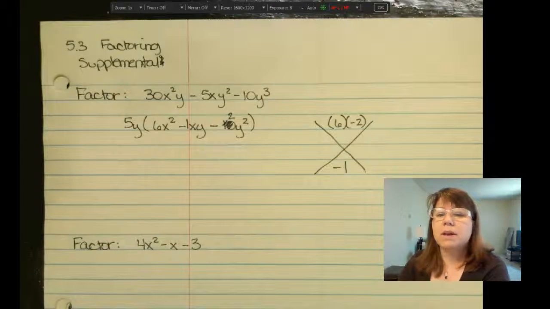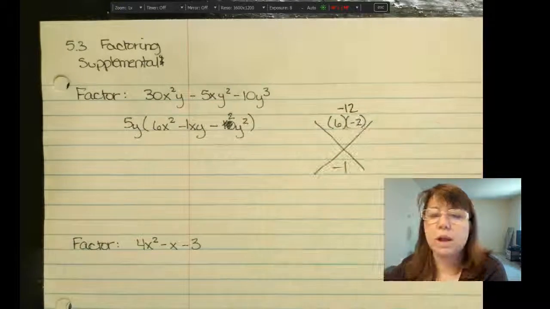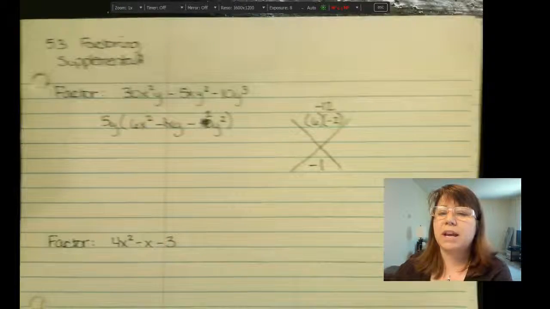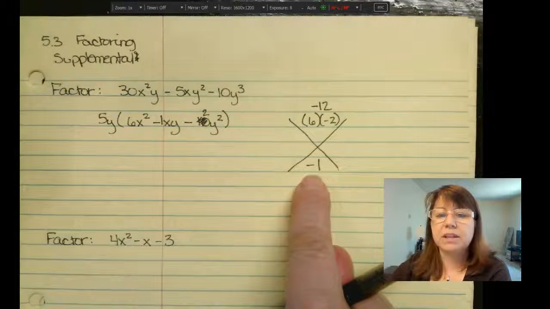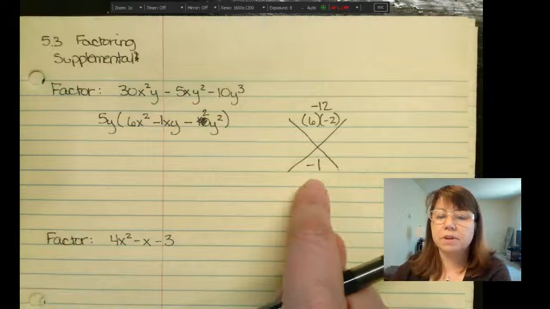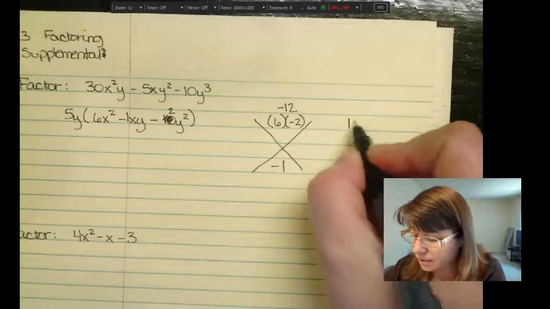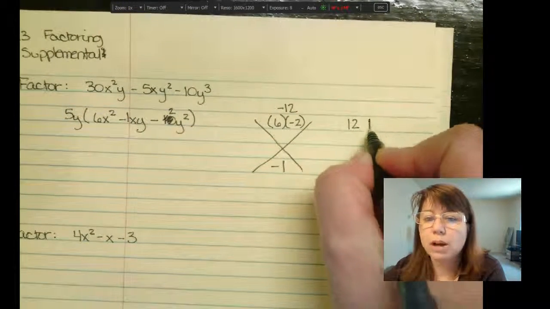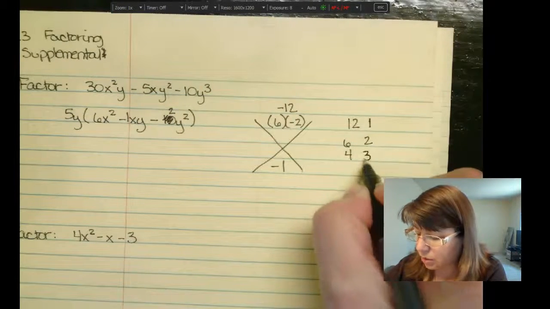Now the good part about it is, although the 6 times a negative 2 is a negative 12, and normally I would have to consider both the positives and the negatives, I know I have to get a negative 1, so my larger number is going to be the negative number. So my factors of 12, I'm just going to write off to the side here. It's going to be 12 and 1, 6 and 2, 4 and 3.